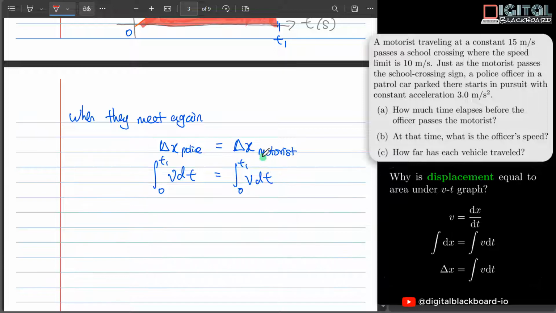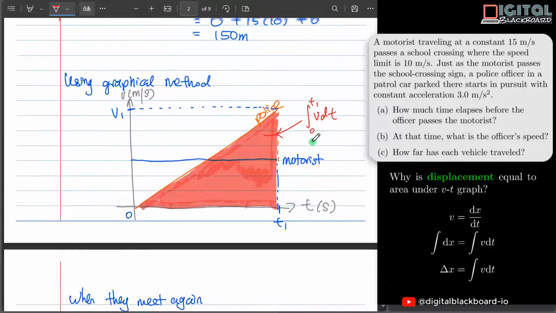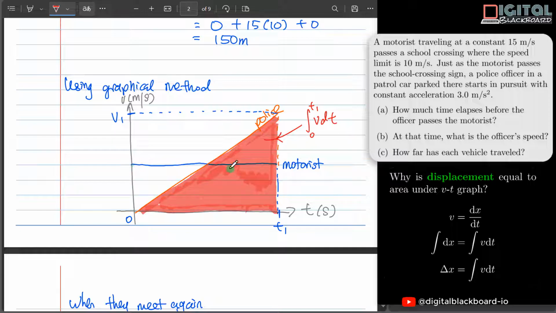What about for the motorist? This area is actually the area of a rectangle shown here, which I'm going to shade in another color. Let's shade this area in blue, and there's obviously some overlap here.